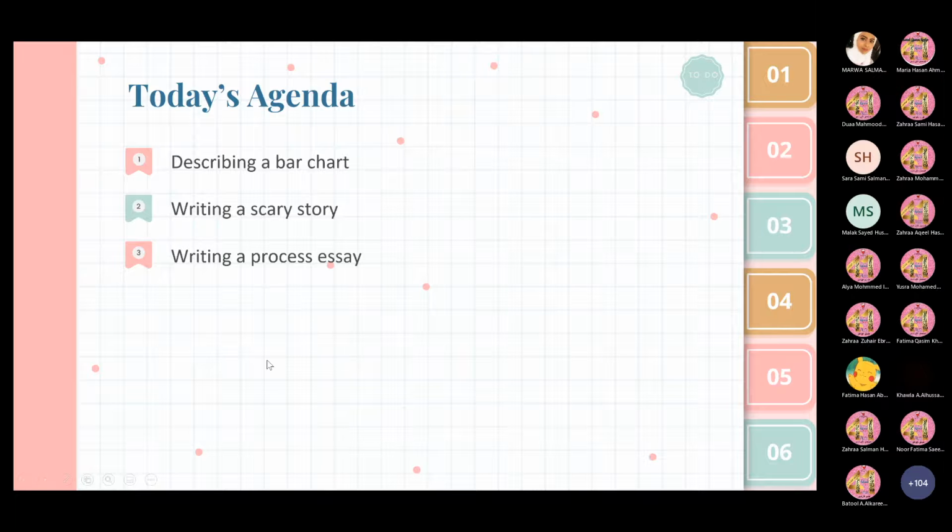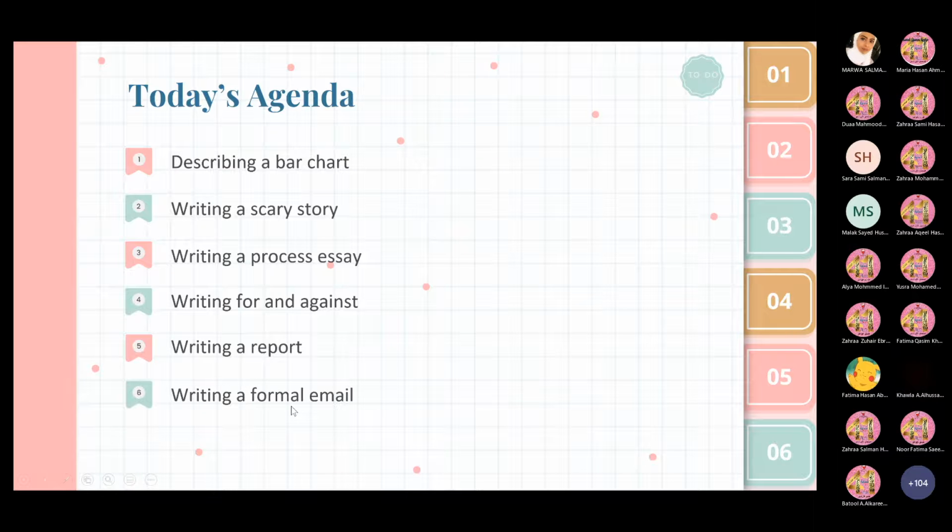Keep in mind that you have 6 writings. We will go through the 6 writings. Writing a process essay, number 4, writing a for and against essay, number 5, writing a report, and finally, writing a formal email. So 6 writings are required for the final exam.